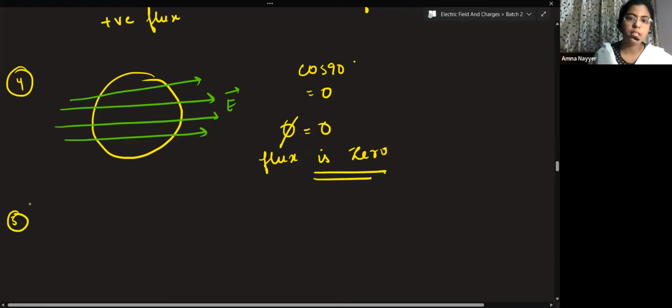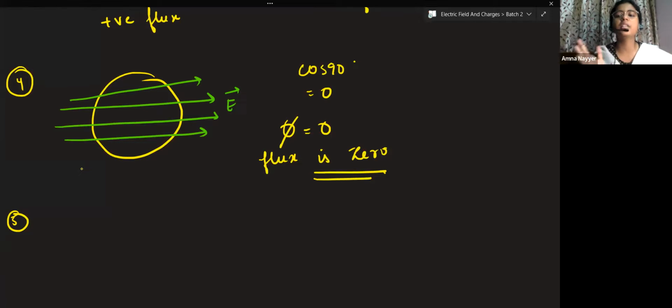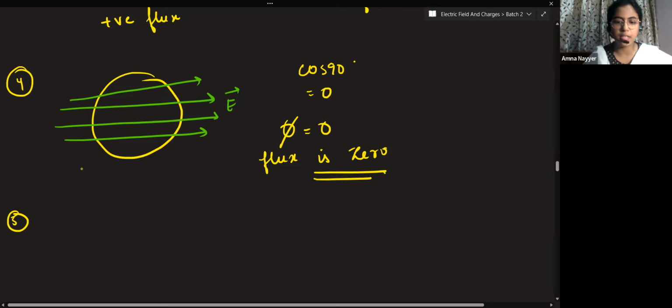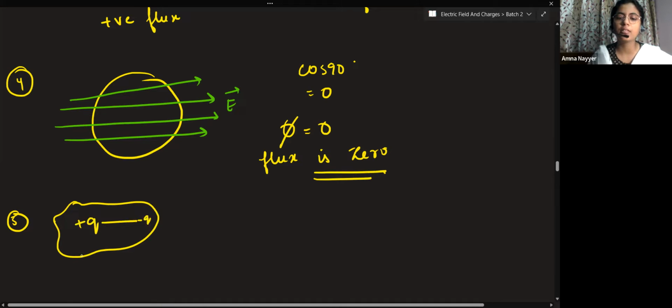One more thing. In the starting of the class only, Akifa told us that dipole is what? Dipole is a set of a positive charge and a negative charge with the same magnitude and opposite signs between them. So if I say I have this system with me, plus Q minus Q, this is the dipole that I have. What is the net charge in this?